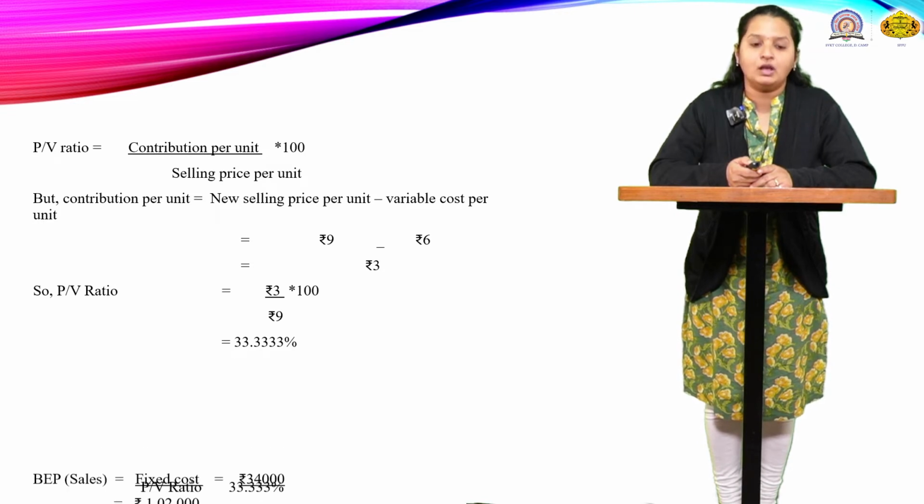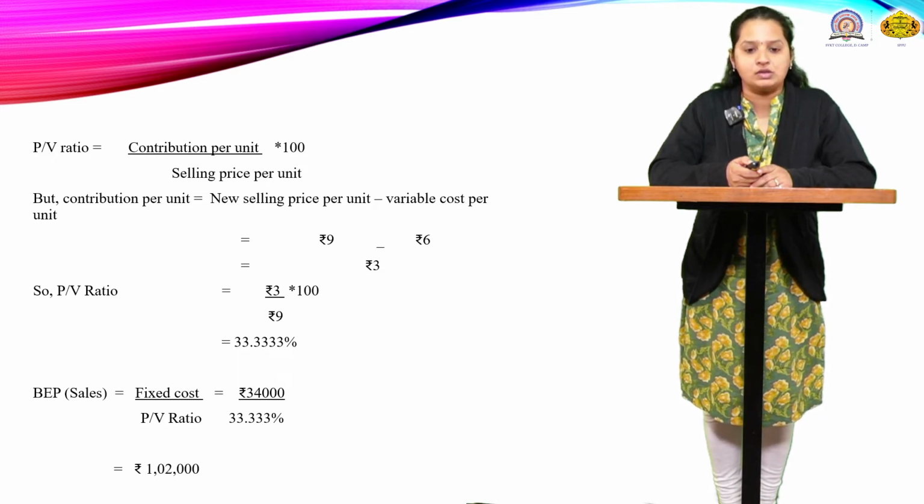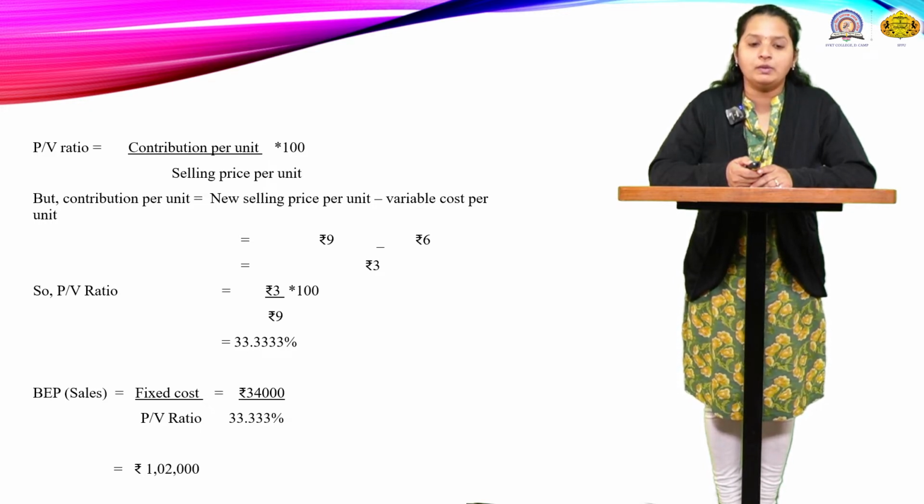And in this way, the new PV ratio is 33.3333%. The second calculation is the BEP sales, for which we have again the formula, fixed cost upon PV ratio. In our example we have the fixed cost of rupees 34,000 upon PV ratio of 33.3333%. So the new BEP sales is rupees 1,02,000.